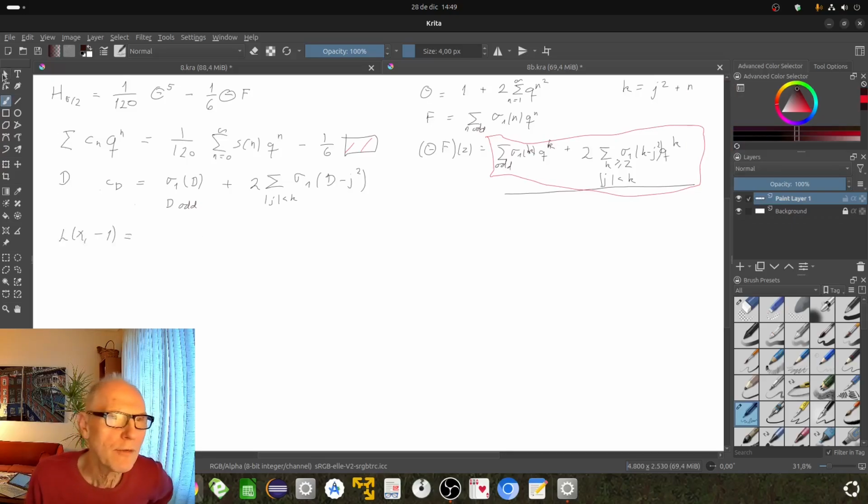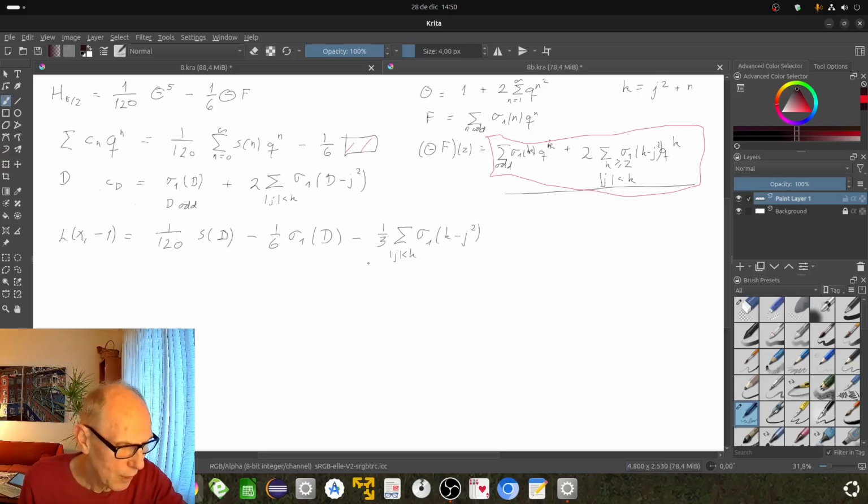So that's the coefficient c_n, or c_d, and then it's 120th, that's a third then. So let's compare with what they write. This one, they call it S5, all right.